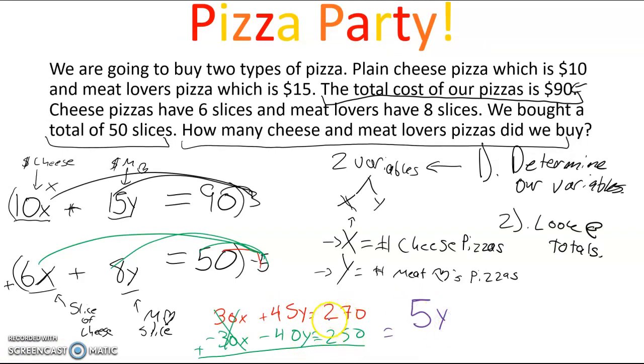And then this is 270 plus a -250. You can't really see the negative, but this is 270 plus a -250. If you add those together, that gets you to 20. And then from there, you solve for y. Y is equal to, no, not 5, excuse me. Y is equal to 4.